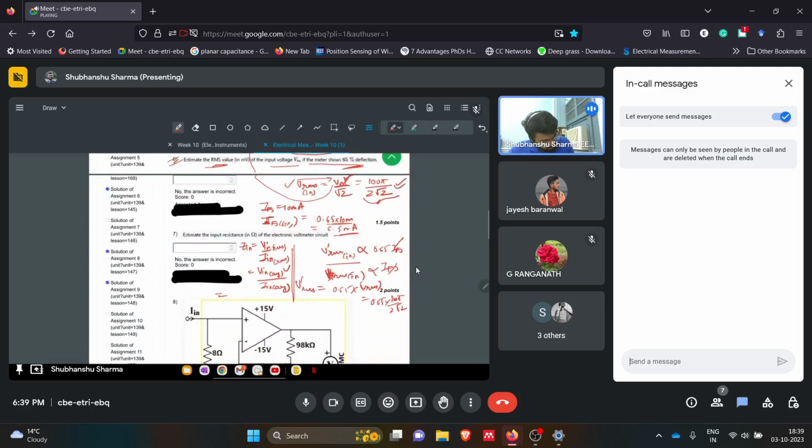And the input impedance will obviously be decided based on the maximum current deflection. So this is 100, this is I input, the current is 10 milliampere, so this is 10 kilo ohms. This is the Z input.